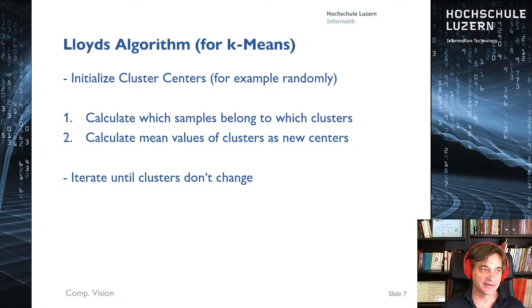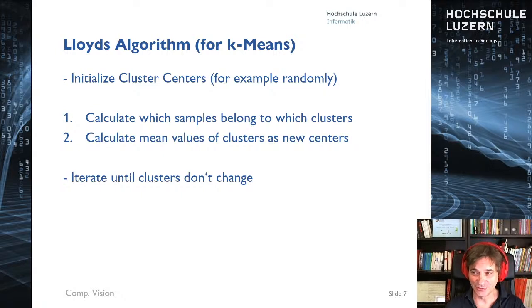Then you iterate over those 2 steps, assigning the samples again, and so on, until the clusters do not change anymore. If you initialize the cluster centers randomly, you might not get the same result every time. One way to deal with that is to apply it several times and just take the best result.